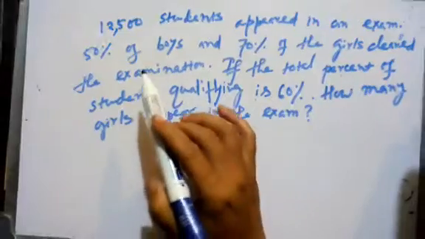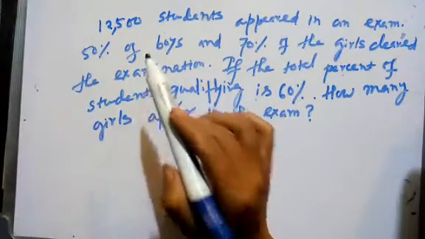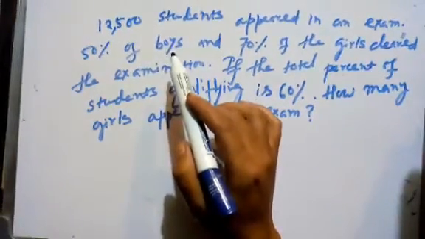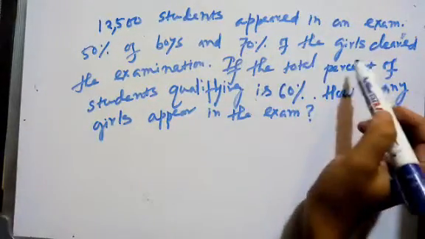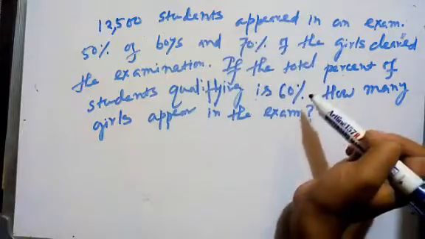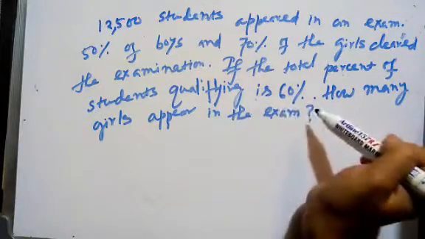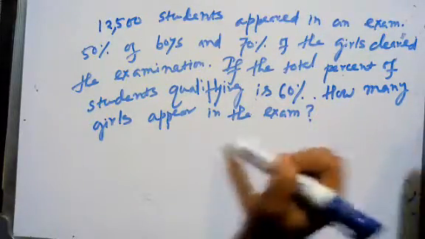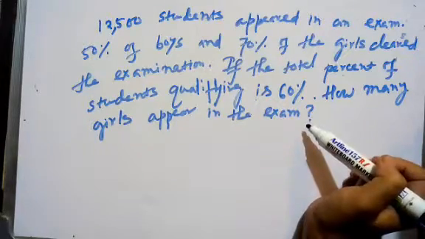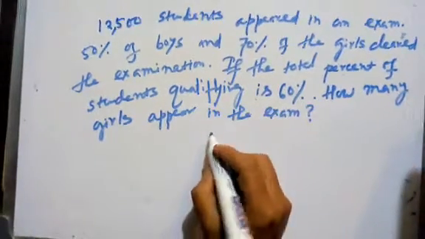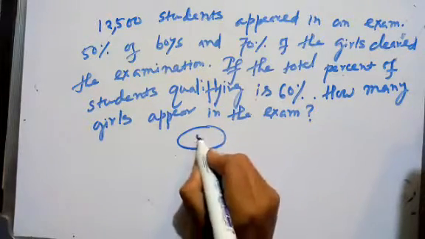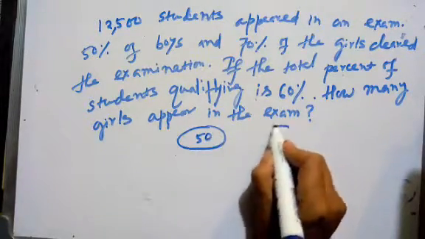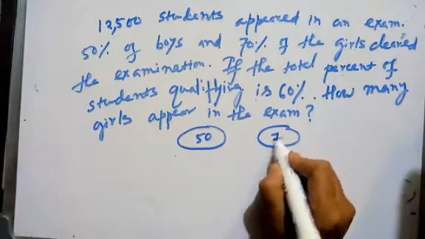That means there are 12,500 students, and 15% of boys and 17% of girls cleared the exam. If the total percentage of students qualifying is 60%, how many girls appeared in the exam? Clear? So we draw our alligation chart. First the low percentage, that means 50, and here the high percentage, that means 70.